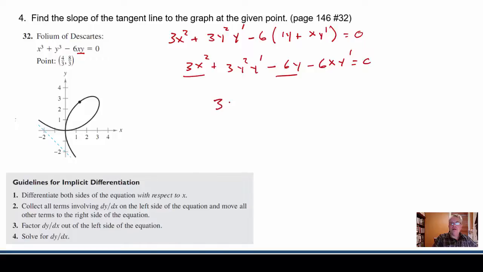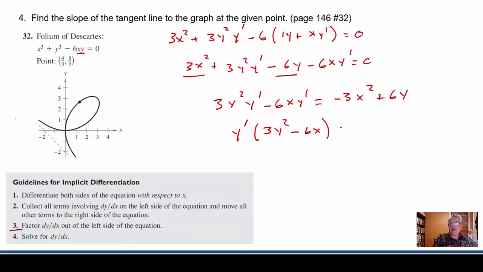So we get 3y squared y prime minus 6x y prime equals minus 3x squared plus 6y. They change signs because I moved them to the other side. Now we have to do step 3, factor y prime out of the left side. So this would be y prime times 3y squared minus 6x equals negative 3x squared plus 6y.